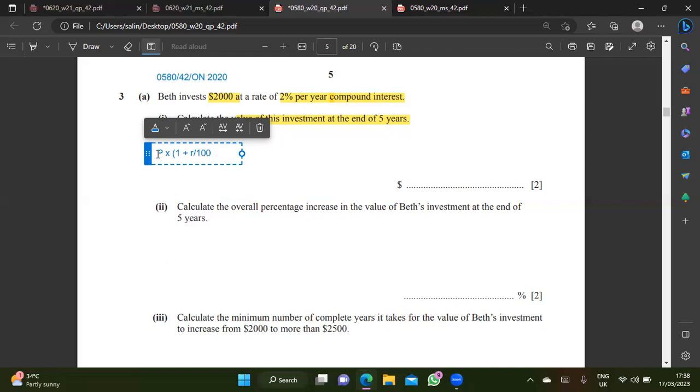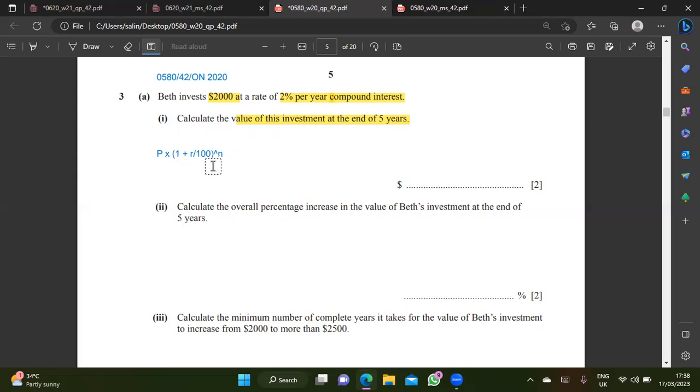So your rate over 100. And why do we need to have a bracket? Because all of this inside the bracket, we need to raise to the power of whatever the year. Let's say for years, we put N. N is the number of years.